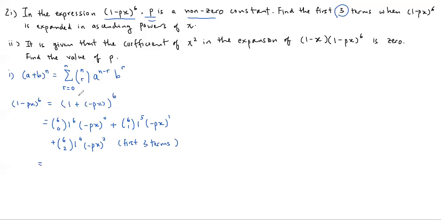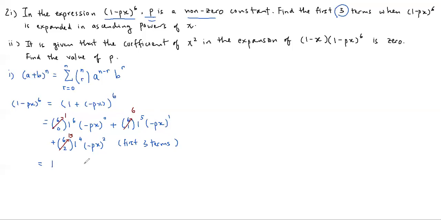6c0 gives you a value of 1. 6c1 has a value of 6, and 6c2 has a value of 15. Then when you look at these parts here, anything raised to the 0 is 1. The first term has a value of 1.